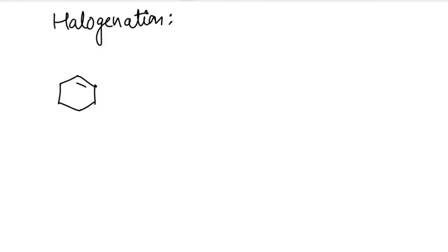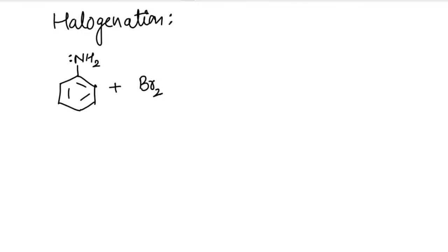So in halogenation, this is aniline, and it is more electron releasing than OH. Am I right? Because oxygen is more electronegative and nitrogen is less electronegative.